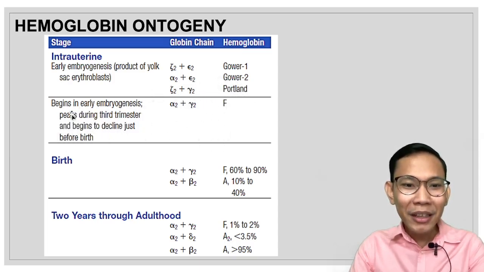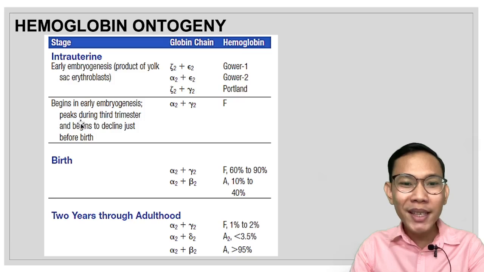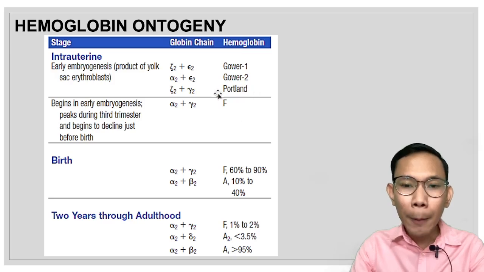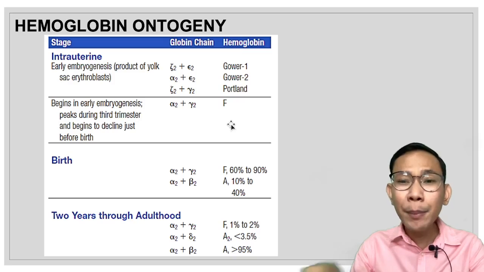Next, begins in the early embryogenesis that peaks during the 3rd trimester and begins to decline just before the birth. It's your hemoglobin F. Again, anong globin chains ng ating hemoglobin F? It's your alpha 2 and gamma 2. You have to memorize it. Pero along the way, ito kasing hemoglobin F, adult hemoglobin, maalala kasi yan kasi paulit-ulit yan.